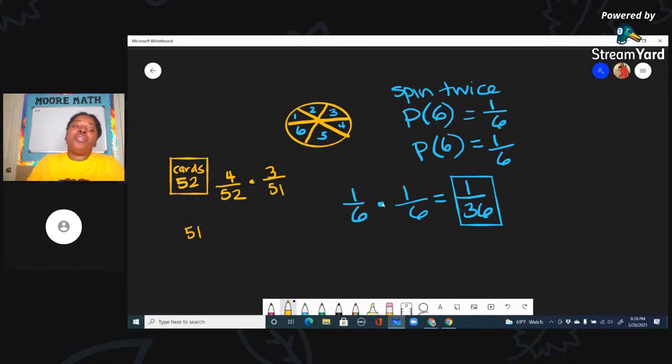It's 4 out of 52 if I'm pulling the first ace. And then if I want to know the probability of getting another ace without replacing that first ace, I have a 4 out of 52 chance the first time. The second time, I don't have that ace anymore, so it's 3 out of, and now I only have 51 cards.